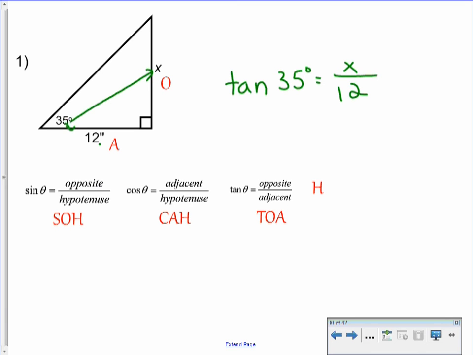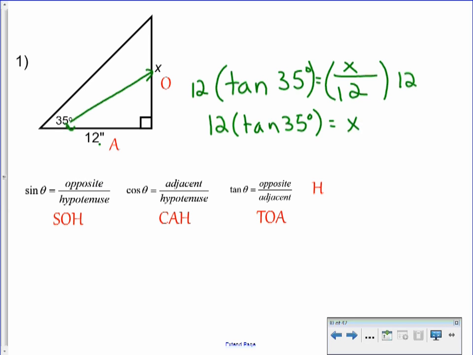All other equation solving processes apply. So if I want to get this x by itself, what do I need to do to get rid of that 12? Multiply by 12. So I'm going to multiply by 12 on both sides, and that will give me my value of x.